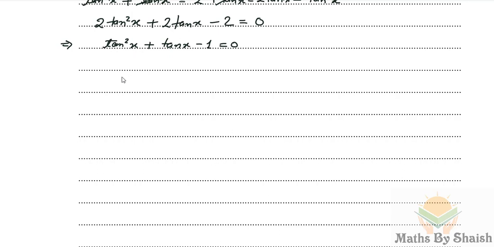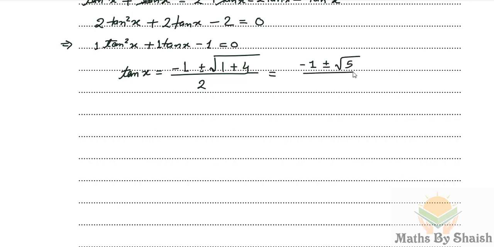We can directly use the quadratic formula because it is quadratic in tan. So tan x equals, the formula is minus b, so b means 1, a is also 1, so minus b means minus 1 plus minus square root of b square, b square means 1 square, minus 4 times ac, and here c is minus 1, so it becomes plus 4, over 2a, that is 2. So we'll simplify. It is going to be minus 1 plus and minus root 5 over 2.